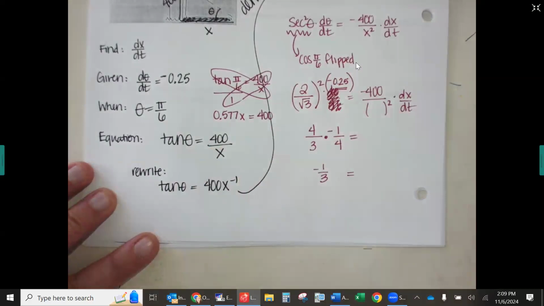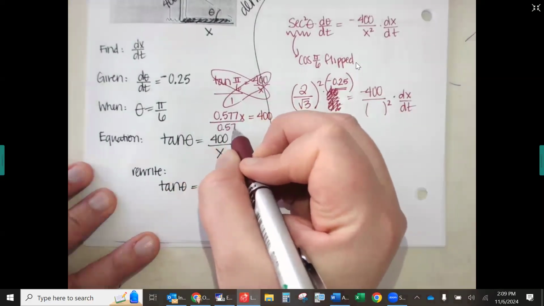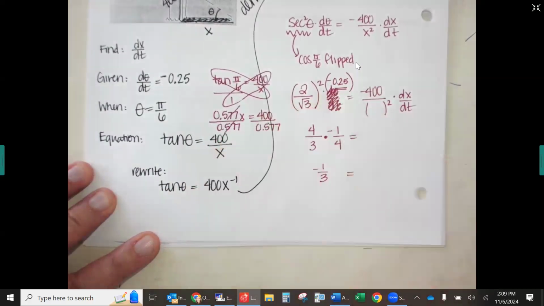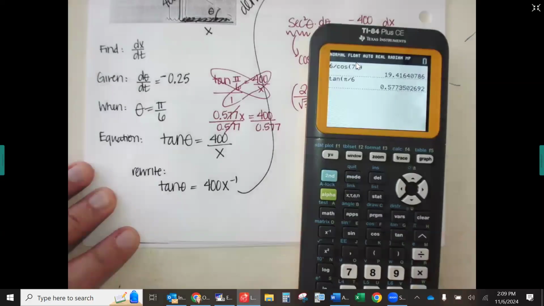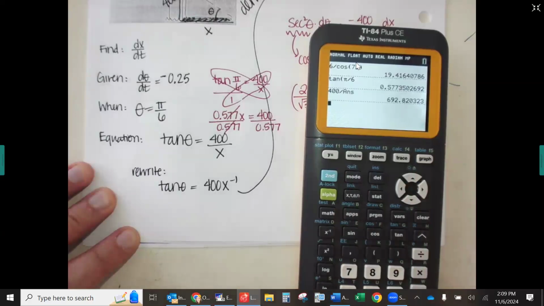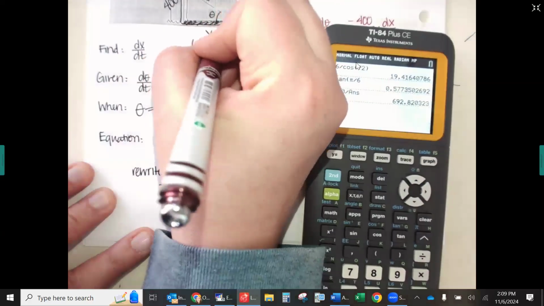And then what do we do with the 0.577 to solve for x? Divide it. So I had x equals 400 divided by that answer that we just had. And we get 692.8, 692.82.